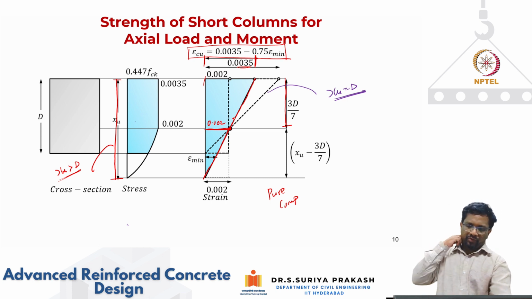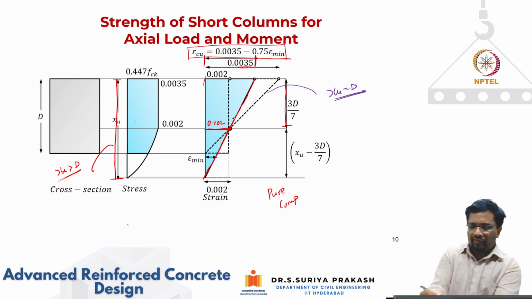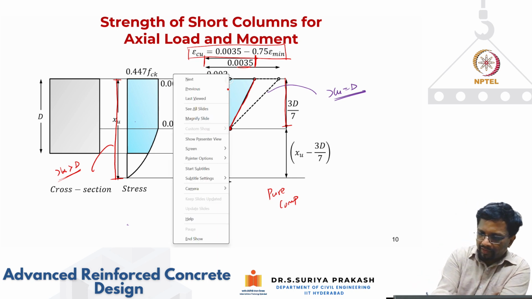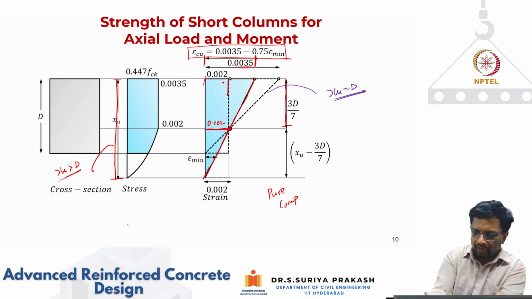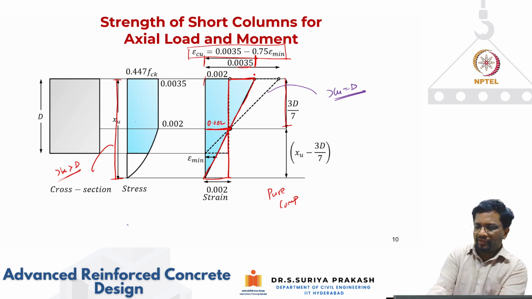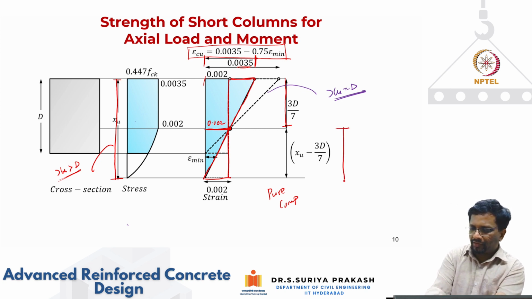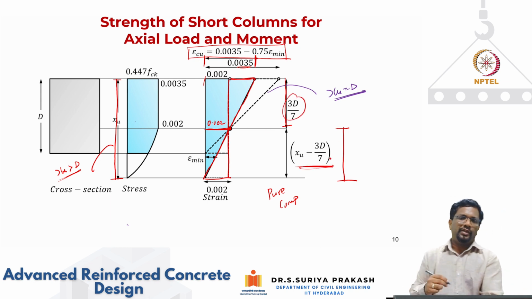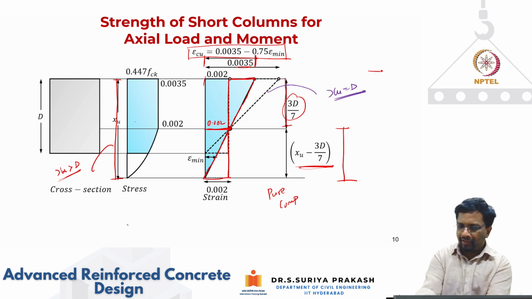Okay. So if you go with this approach, let's take only this similar triangle. What is this distance? If this is 3D by 7, this distance is going to be xu minus 3D by 7, because the entire depth is your xu.